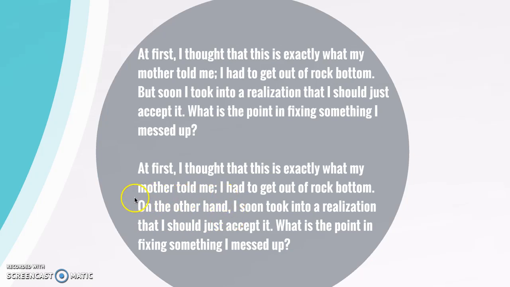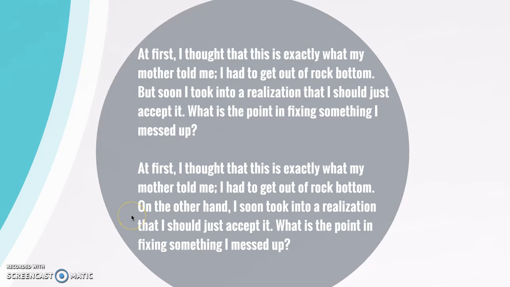And what I think this does for the writing and to help the reader is it really points their attention to the fact that you're totally switching gears. So at first, I thought that this is exactly what my mother told me. I had to get out of rock bottom. On the other hand, I soon took into a realization that I should just accept it. What is the point in fixing something I messed up?